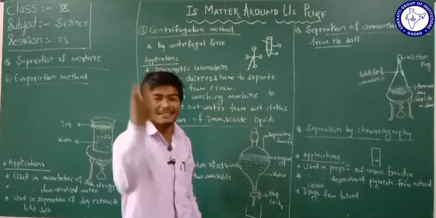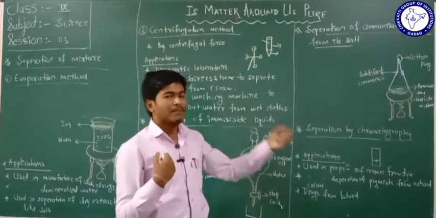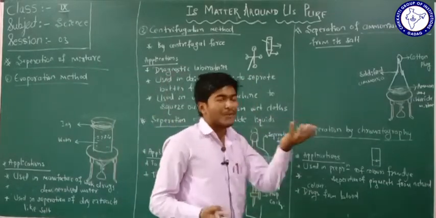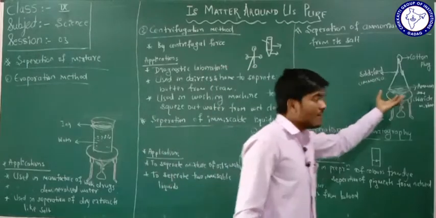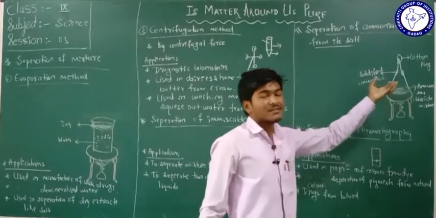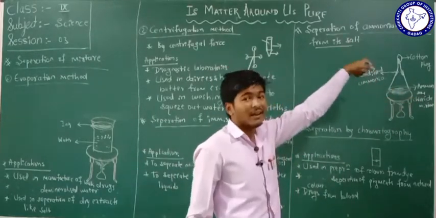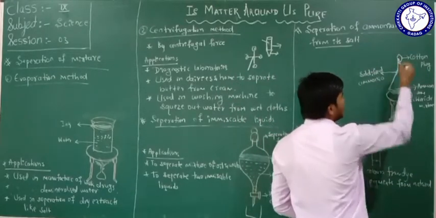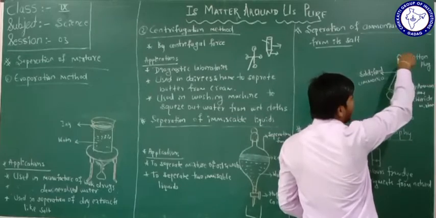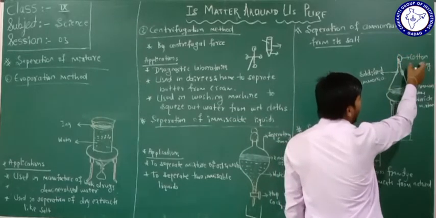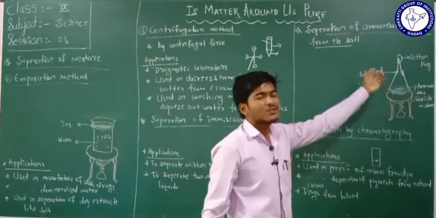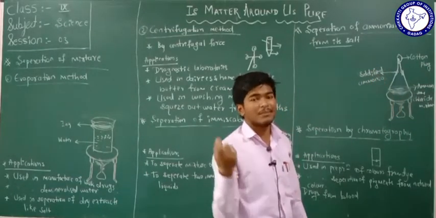By using that property, we are going to separate ammonium chloride from its salt. We take the ammonium chloride salt in a watch glass, place a funnel inverted on the watch glass, and stop the mouth of the funnel with cotton. Now we heat the salt.